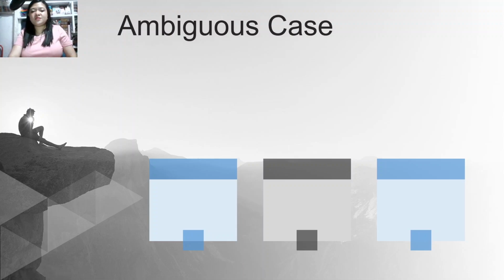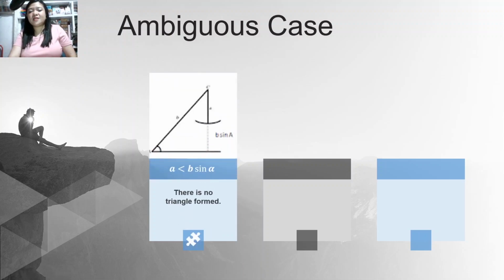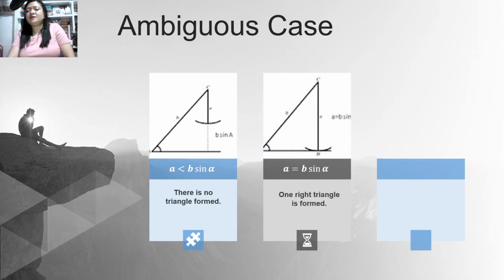Okay, the first ambiguous case is if the value of side A is less than the product of B and sine alpha. That means that there is no triangle formed. If the value of side A is equal to B sine alpha, that means we have one right triangle.